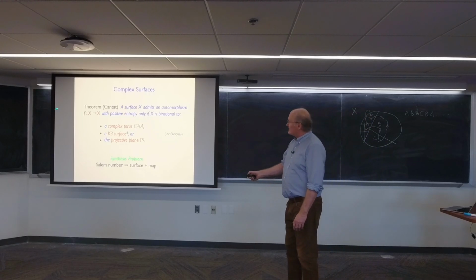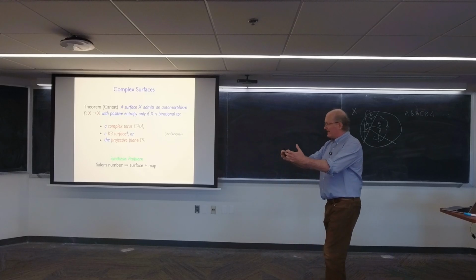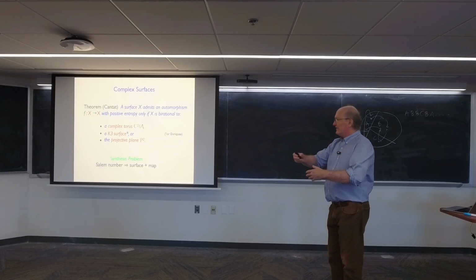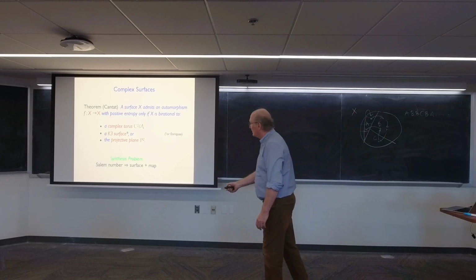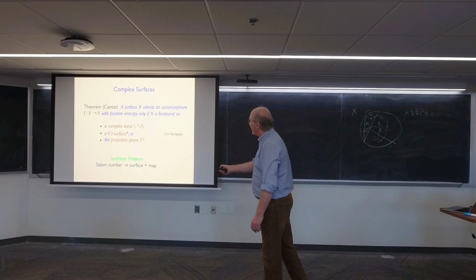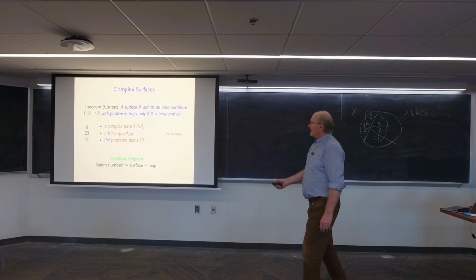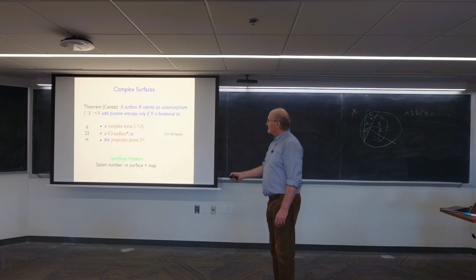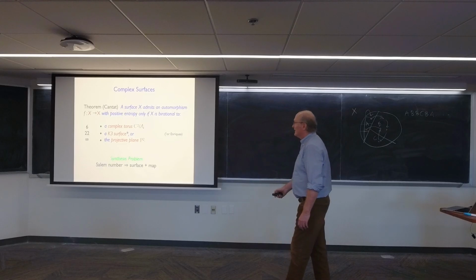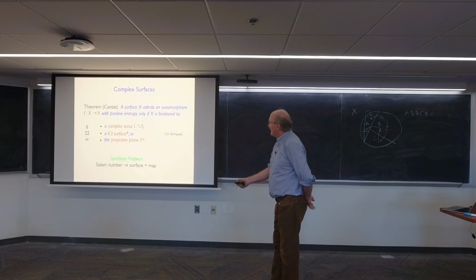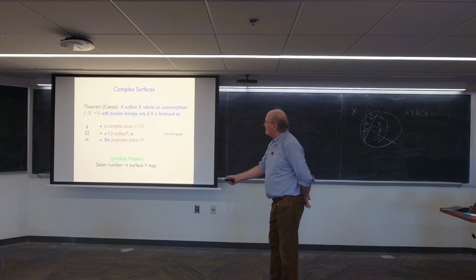Now, because that algebraic number, that Salem number, comes from the action on cohomology, the degree of this number over Q is controlled by the rank of the cohomology of the underlying manifold. So it turns out that on a complex torus, you can only get Salem numbers of degree up to 6. On a K3 surface, only up to 22. But on P^2, you can blow up infinitely many points.